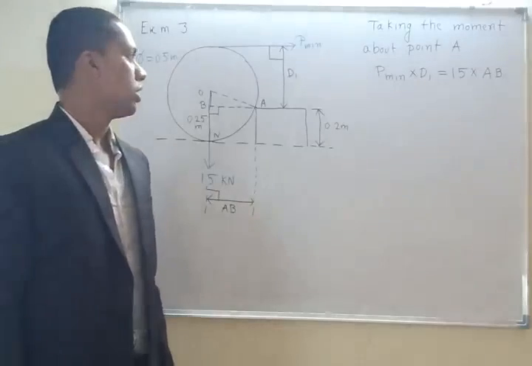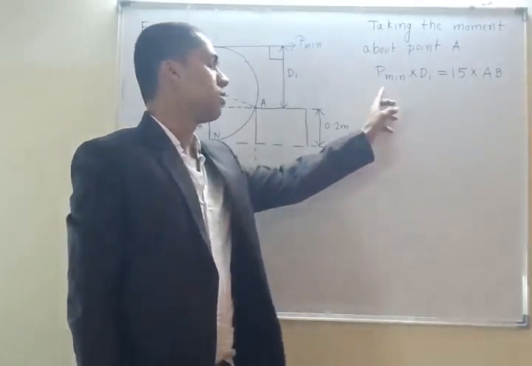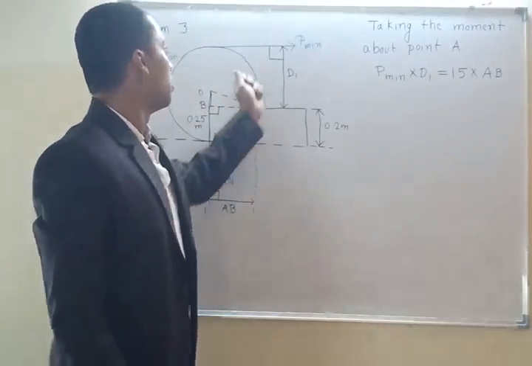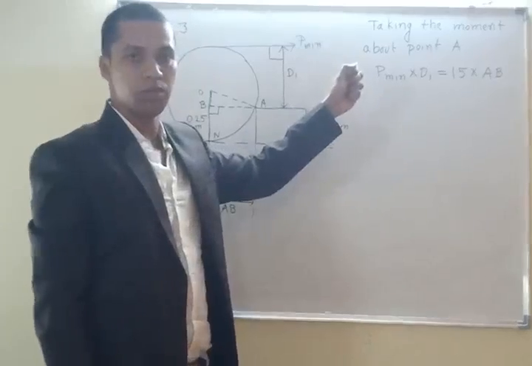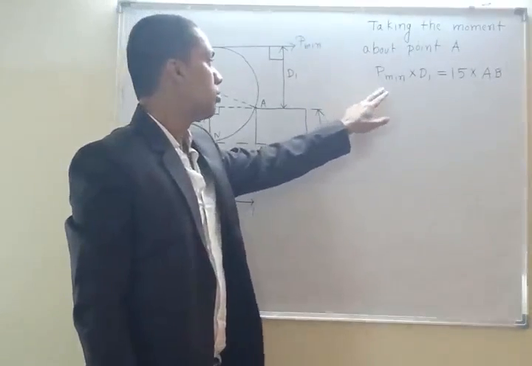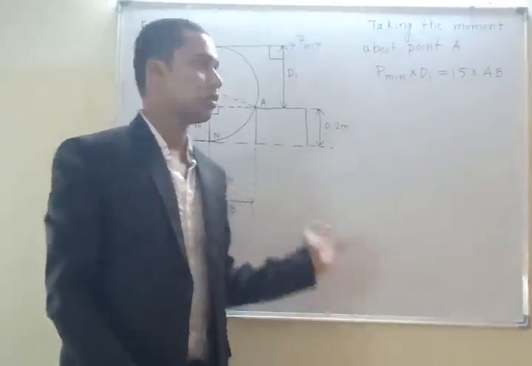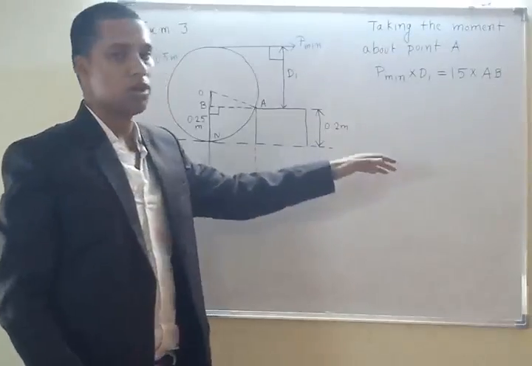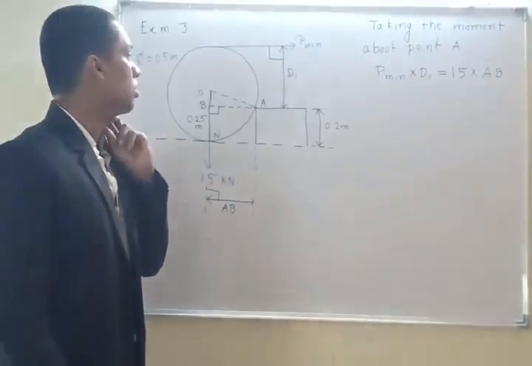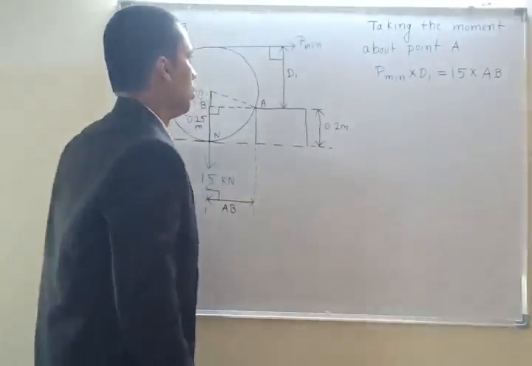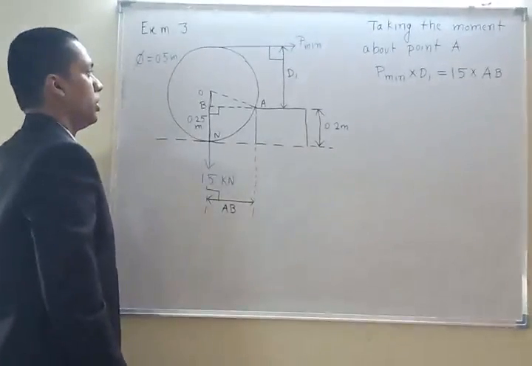So that is why I am trying to find P minimum, exactly that point where it will start moving up. A little bit more, 0.0001 more than P minimum, will cause the wheel to move over the block. Okay, so now P minimum into D1.